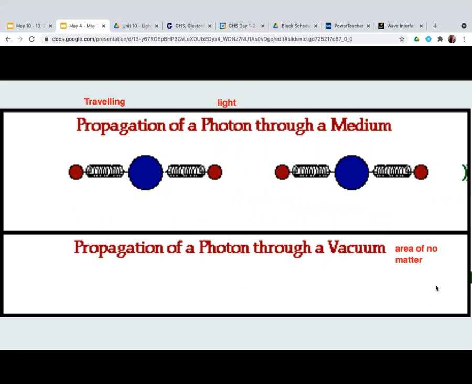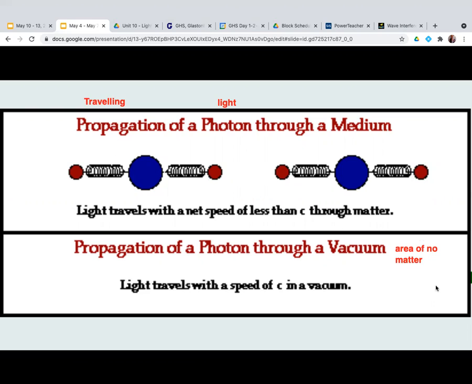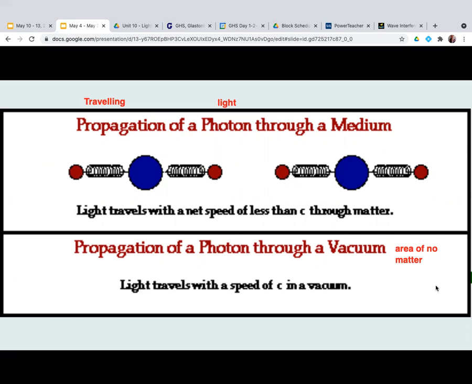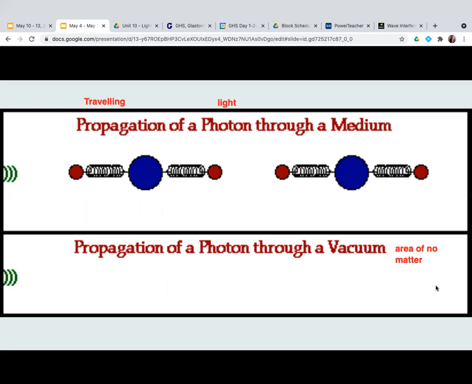Okay. So if I put something in the way of light, and this is kind of weird, when light goes through glass, like through that window, for instance, every glass molecule that it hits, the light gets absorbed by the glass and then re-emitted. That's why it slows down, because it keeps getting reabsorbed and emitted as it goes through each atom.